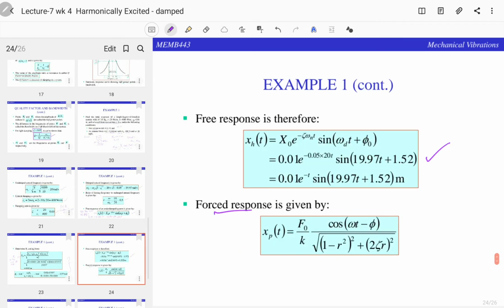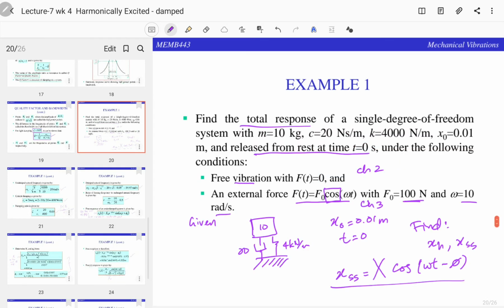That's why here your capital X, so basically F naught divided by K and so on, this term is basically your X naught, the X naught equation. And then you have to write your cosine, which is this solution, cosine omega t minus phi.